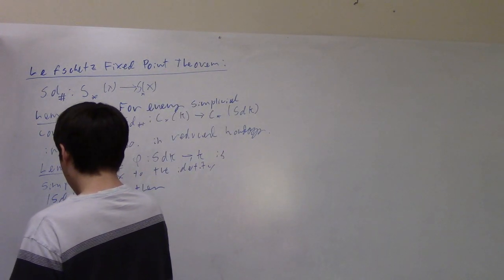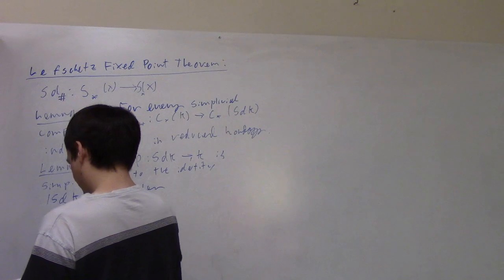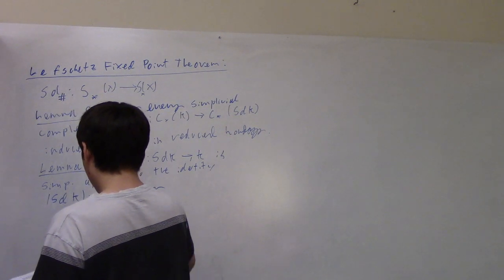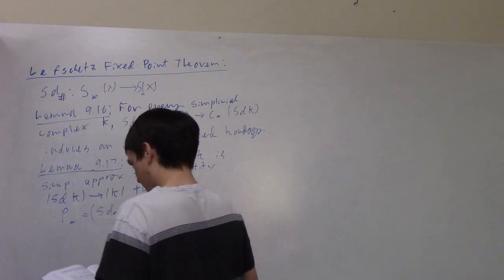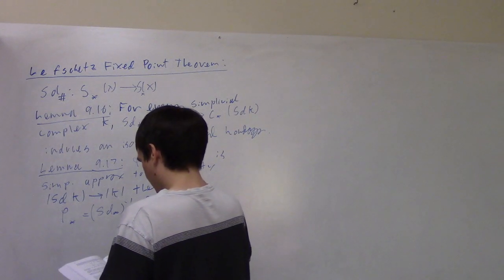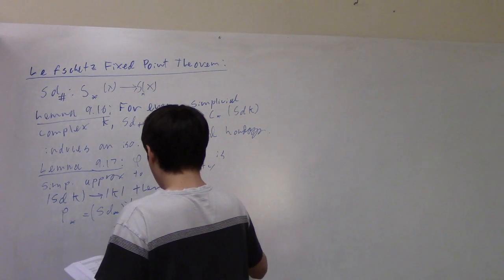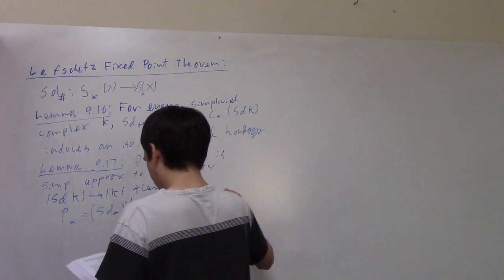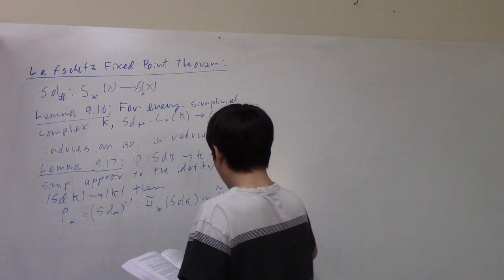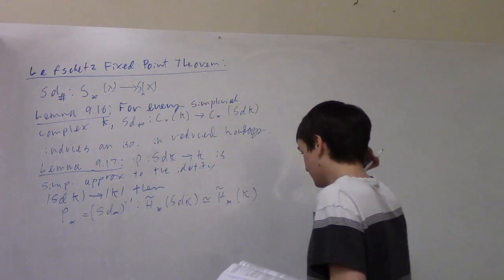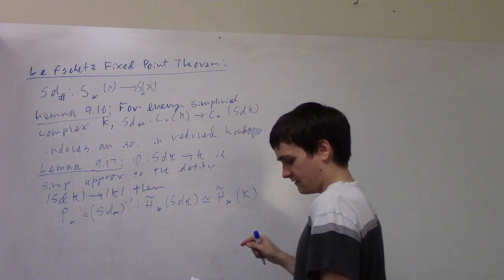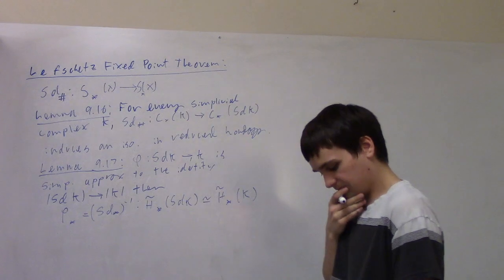Then the map induced by phi is equal to the subdivision map's inverse, which is an isomorphism between the reduced homology group of the subdivision of K and the reduced homology group of K, which is nice.